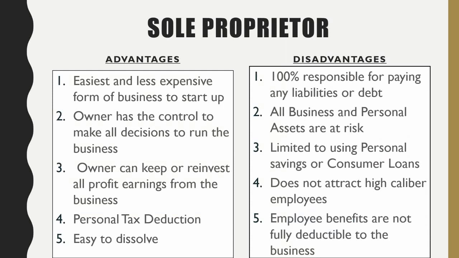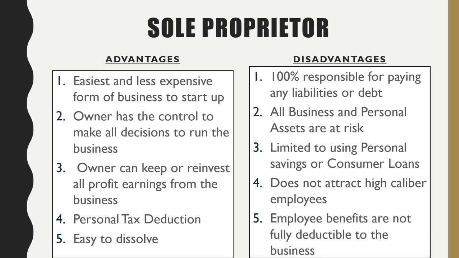So let's go ahead and talk about the advantages and disadvantages when it comes to being a sole proprietor. The best advantage is it's going to be the easiest form of business to establish, right? So for example, all you need to do is go down to either the state agency or local agency, whichever one allows you to sign up for a business license, right? Once you get that business license, of course, I believe it's now like what, $100 right now to get a business license.